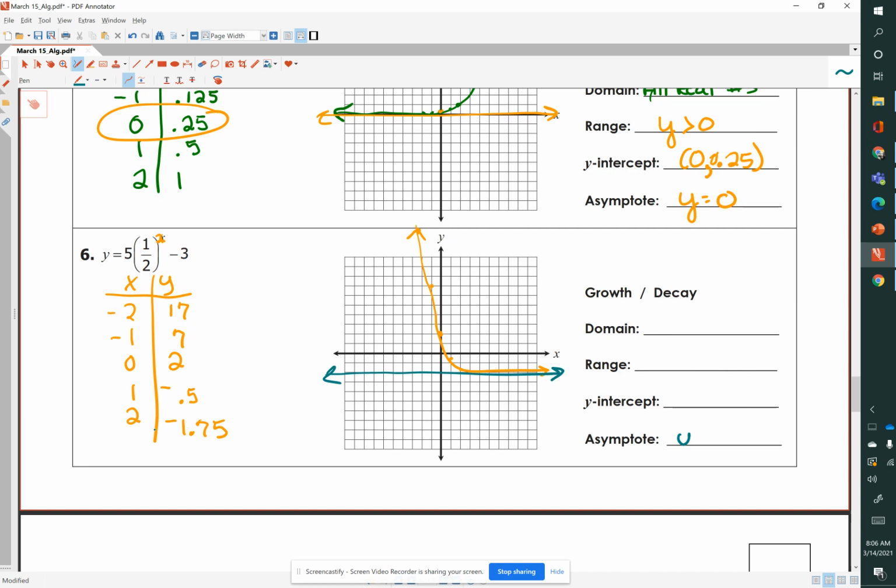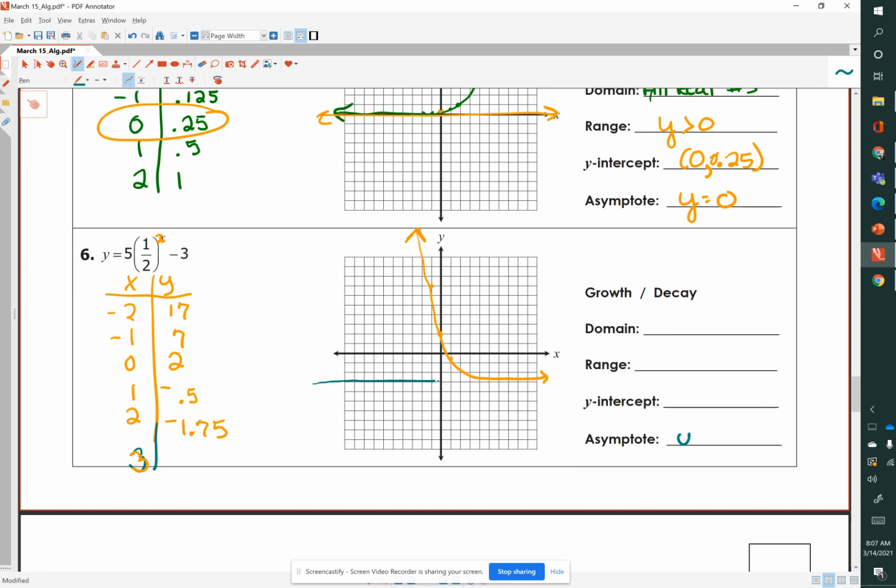It's not clear. I probably could have evaluated for more numbers here. I just happen to know this because I graphed it on Desmos, so I'm going to graph this again, because I just happen to know that if I continue to evaluate larger numbers, this graph does have a y asymptote of y equals -3.